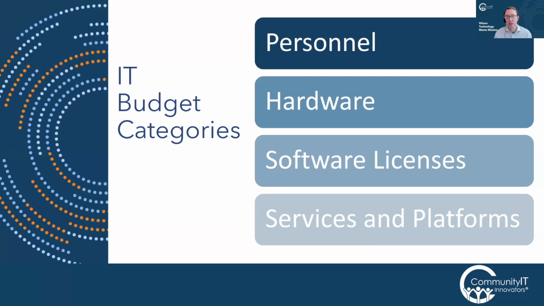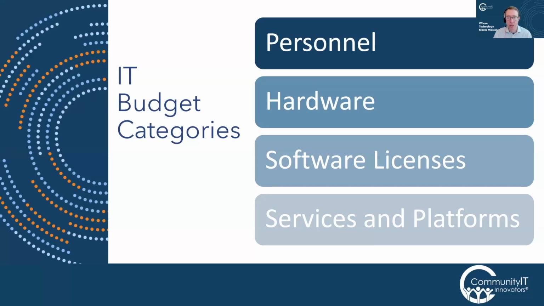Other organizations will get funding to replace their hardware and will replace everything at once. That may work better for some organizations, but it can be extremely disruptive, especially if you're a large organization. If you're a 120-person organization, to replace all 120 laptops in 1 year is going to be very expensive, not just in terms of the cost of the laptops, but also in terms of staff time, everybody getting a new laptop in 1 year. So that's why we recommend spreading it out over an even lifespan.